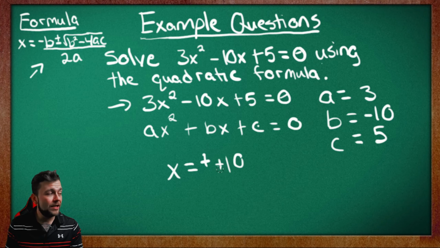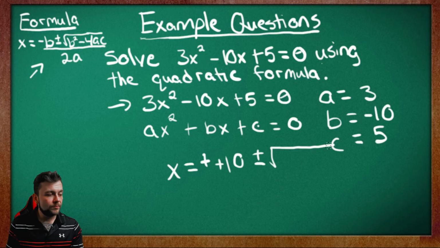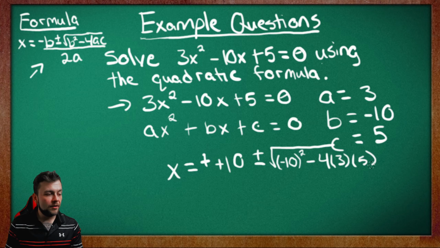We have a positive 10 plus or minus the square root of, B squared, so we have negative 10 squared minus 4 times 3 times 5. And all of that divided by 2 times 3.